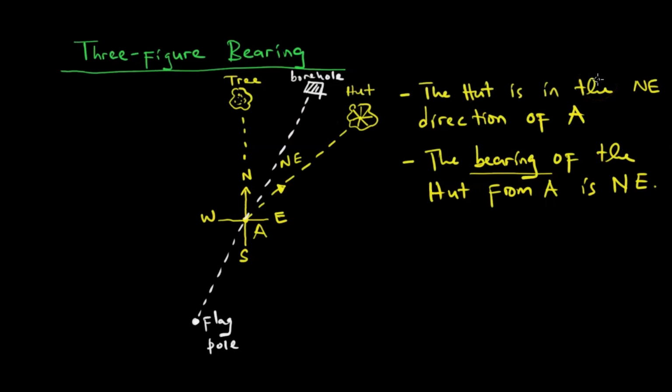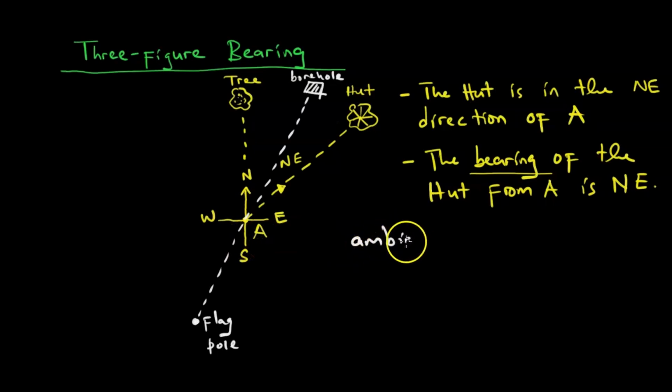Can you see that using our understanding of bearing, bearing should be talking about a direction, in our case northeast. Can you see that we cannot actually know in which direction of A this ball really is? We assume, of course, that this is the northeast direction of A, but it's not particular. So the bearing of the ball from A is ambiguous.